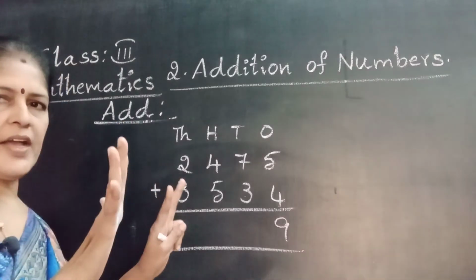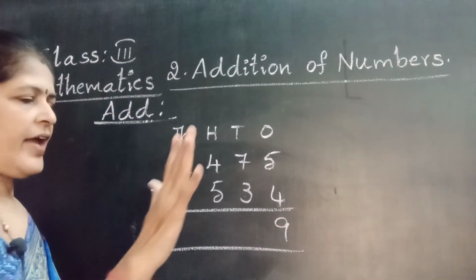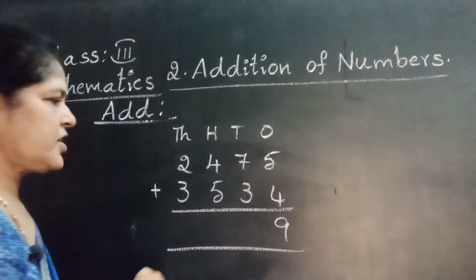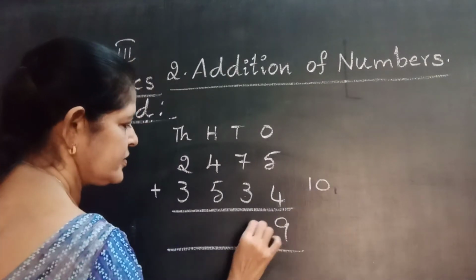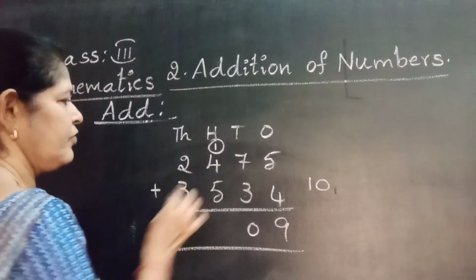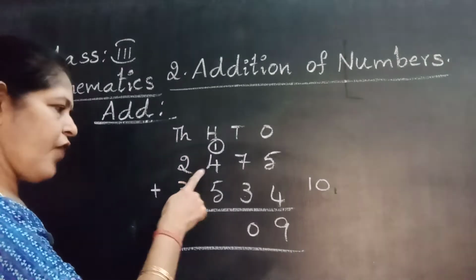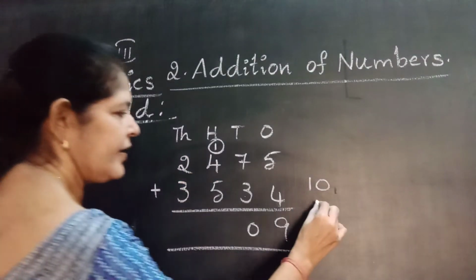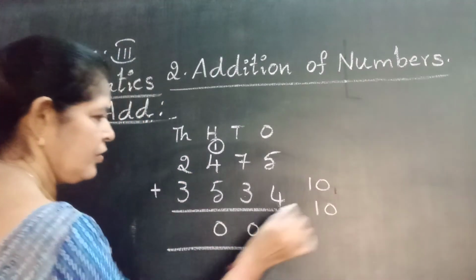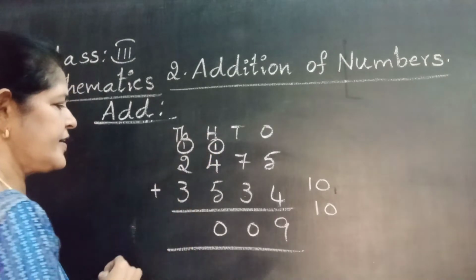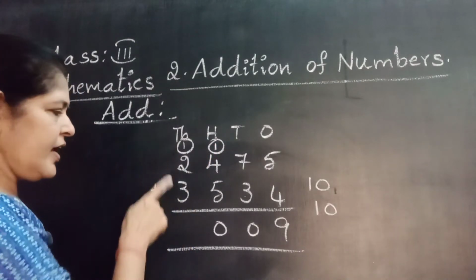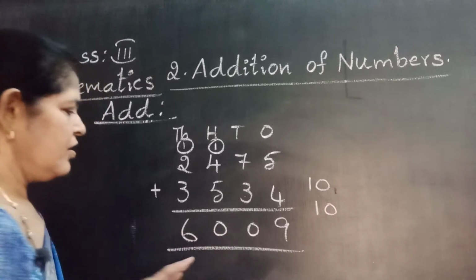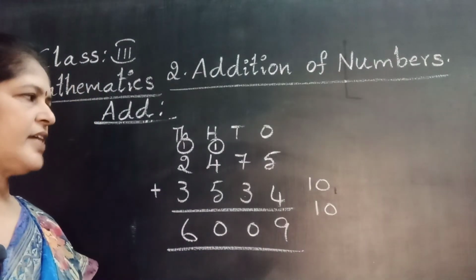Take 7 fingers. 3 after 4, 5, 6, 7, 8, 9, 10. Regrouping. 0 right here. 1 carry over. 1 plus 4, 5. 5 plus 5, 10. Again regrouping. Carry forward 1 to the thousands place. 1 plus 2, 3. 3 plus 3, 6. What is the total? 6009.